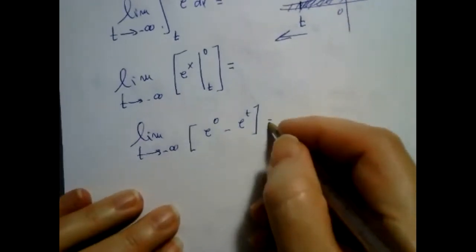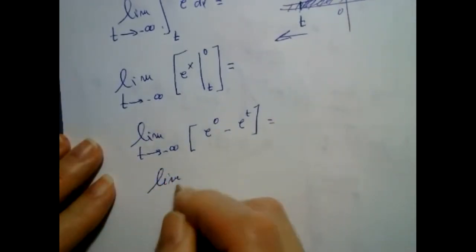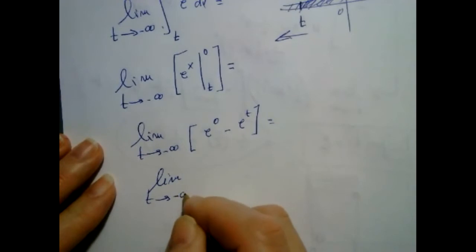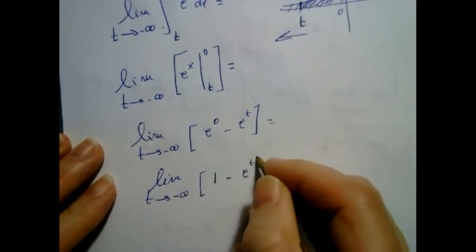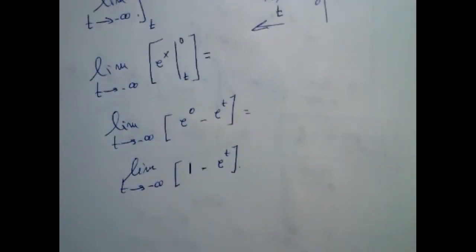So finally, I will get the limit as t goes to minus infinity of 1 minus e to the t. Another question, what happened to e to the t when t goes to minus infinity?